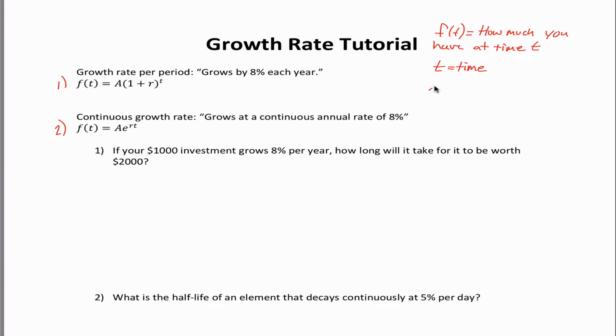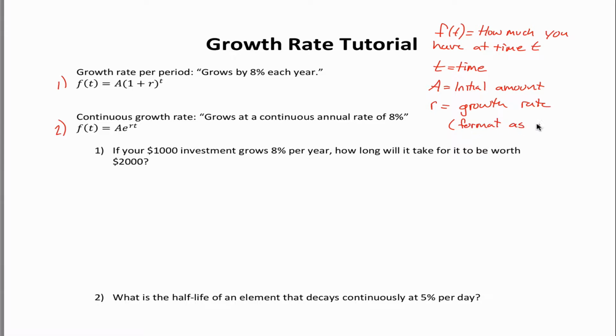The a in the equations, and it's not always a, your book uses a, but some books use p naught or k or other variables here, but the a is the initial amount. And finally, the r is the growth rate. And you want to format the r as a decimal.